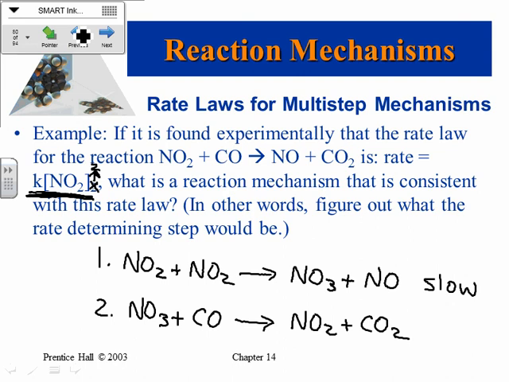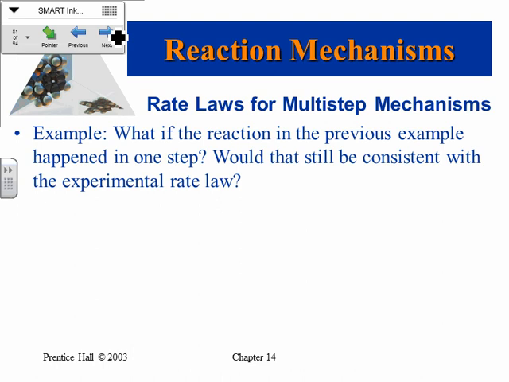It'd be rate equals k times our two reactants, NO2 times CO. Well, that doesn't look like this rate law. So that tells us again, this doesn't happen in one elementary step. So the answer is no, that would not be consistent with the experimental rate law.